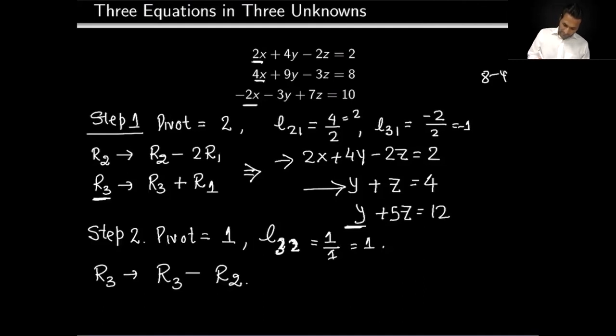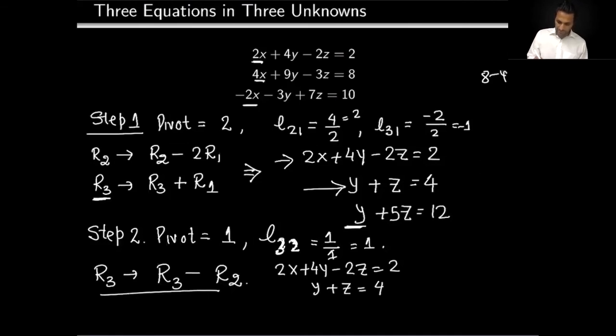So I will write 2x plus 4y minus 2z is equal to 2, and y plus z is equal to 4. If I perform that operation, R3 minus R2, this minus this is a 0, so this gives me 4z, and 12 minus 4 is 8.